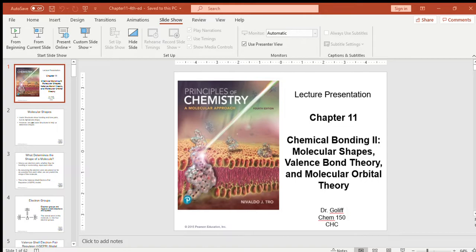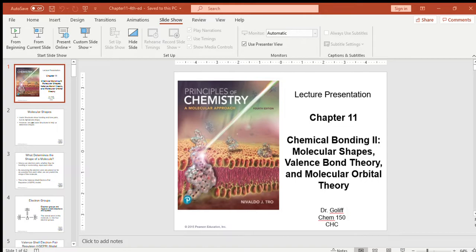So what determines the shape of a molecule in 3 dimensions? The idea behind what determines the shape is that electrons are contained in the bonds. And since they're all negatively charged, they're going to repel each other. Because like charges repel each other, opposite charges attract. That's the basis of ionic bonding. You have oppositely charged particles that are attracted.